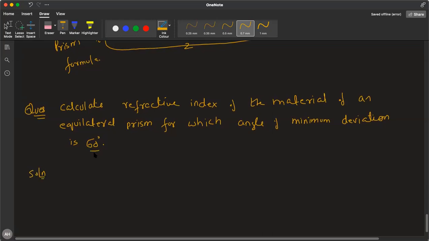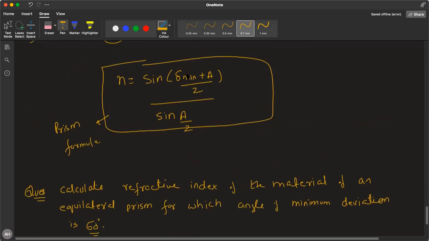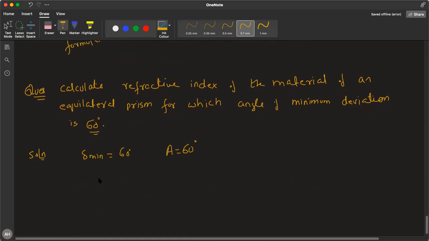So see, we have angle of minimum deviation, delta minimum, which is 60 degree. It is an equilateral prism, means all angles are 60 degree, A is 60 degree. So see, it's a one line calculation. Delta minimum, you know, A, you know, just put these values and get the value of it. Do these calculations and write your answer in chat.